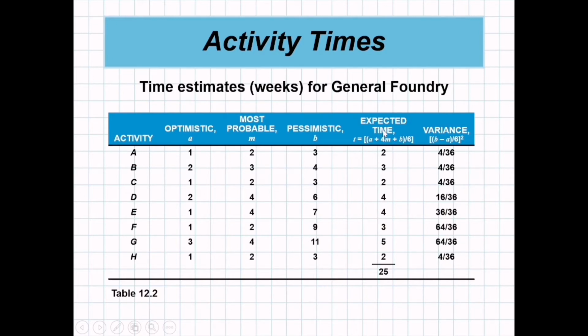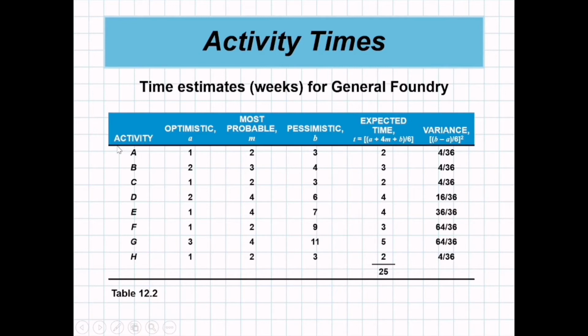And the next is the expected time, which we have discussed earlier: T is equal to (A plus 4M plus B) all over 6. And the last column is the variance, which is equal to ((B minus A) all over 6) raised to 2. So we have here the optimistic, most probable, and pessimistic times, then the expected time and the variance. Let us see how to calculate the expected time as well as the variance.